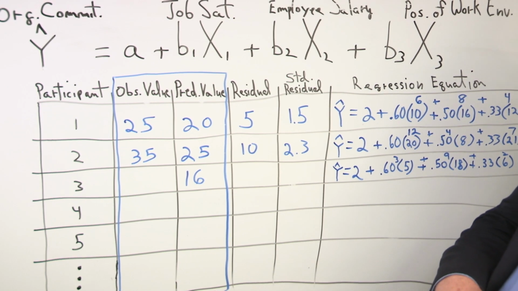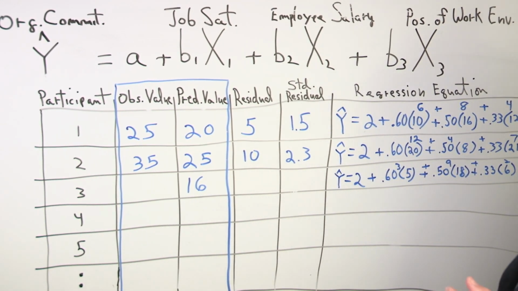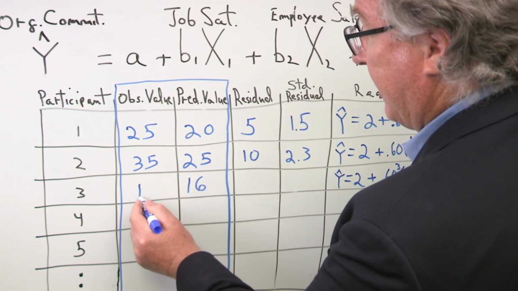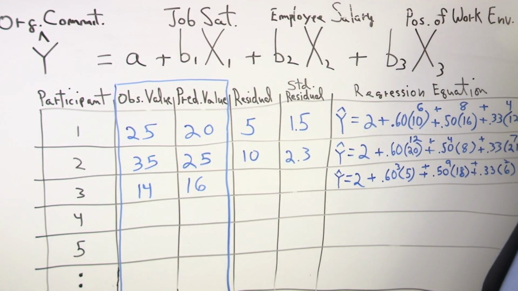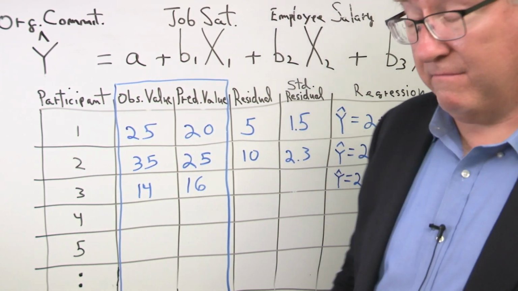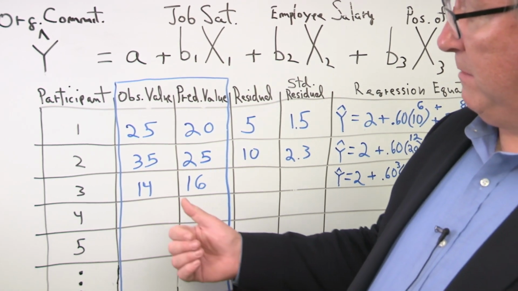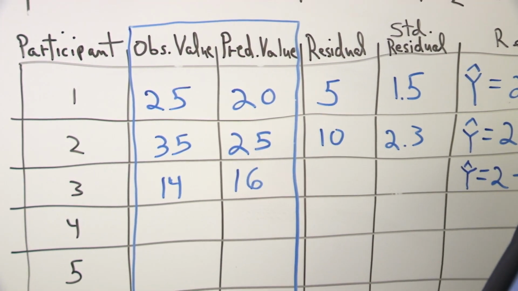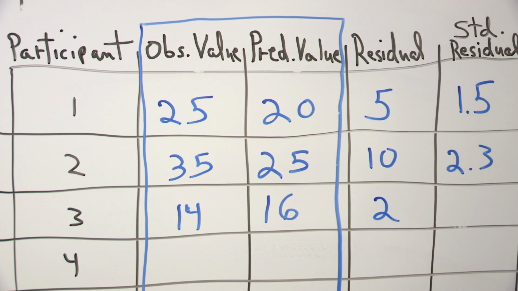And let's say their actual observed value on the outcome variable measure was 14. That's looking pretty good, isn't it? Just looking at it, a predicted value coming quite close to participant 3's actual observed value in the outcome variable measure, just being 2 units away.